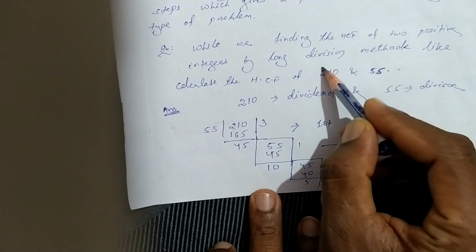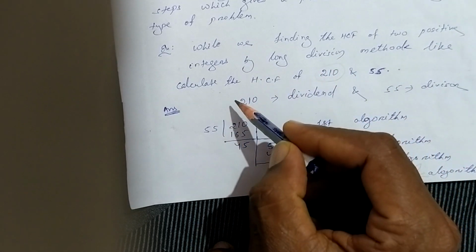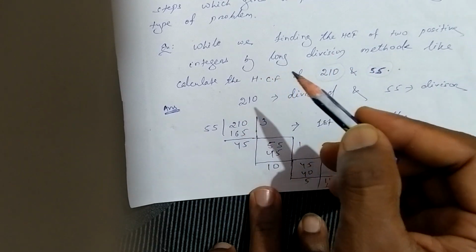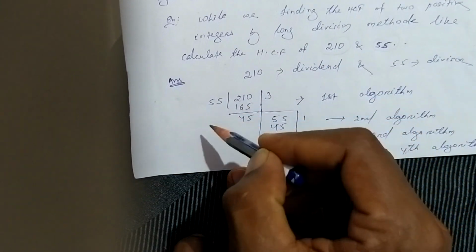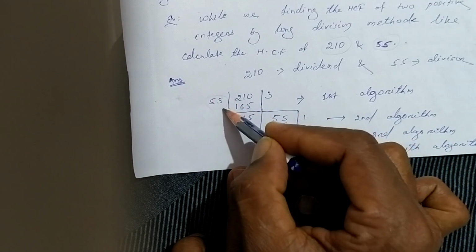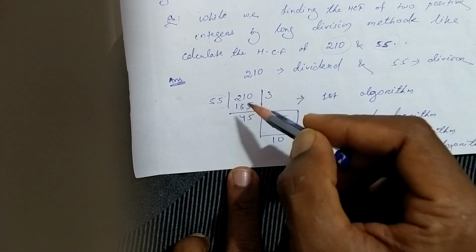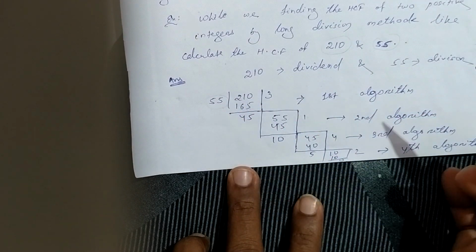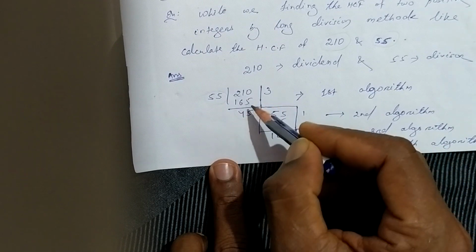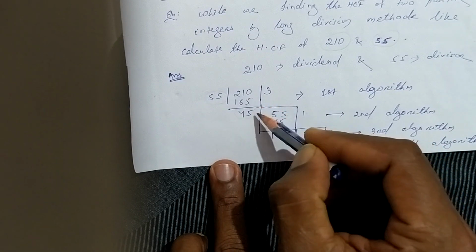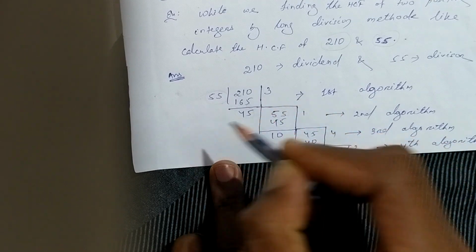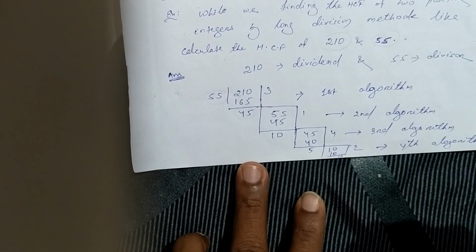So we choose 210 as the dividend and 55 as the divisor. Yes or no? So we go for the division method. In this process, the divisor in the first step becomes the dividend in the next step. And the remainder in the first step is the divisor for the second step, and that remainder is the dividend for the third step.